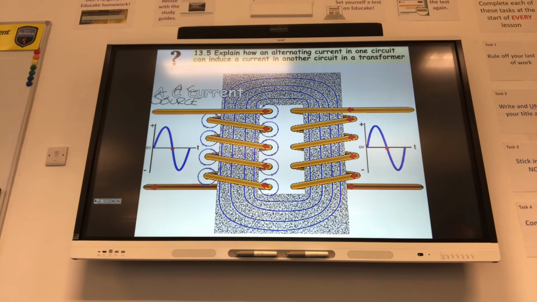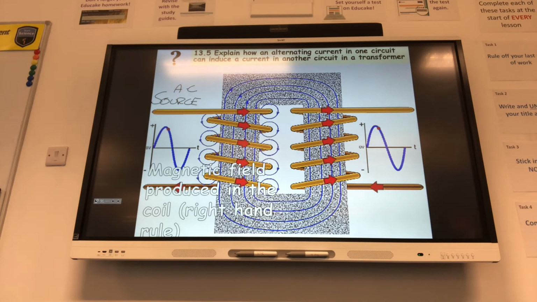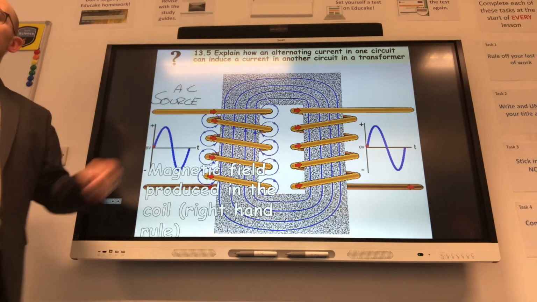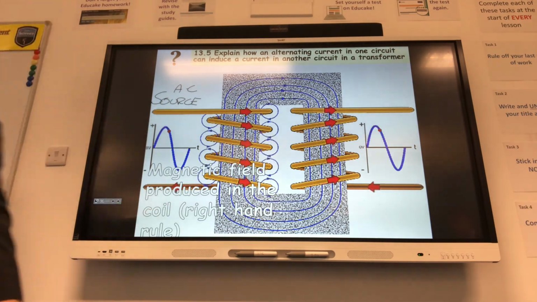An alternating current, when it's passed through a coil of wire, makes it a solenoid. The magnetic field produced in the coil follows the right-hand rule. That means if the current changes direction, according to the right-hand rule, the magnetic field will change direction.